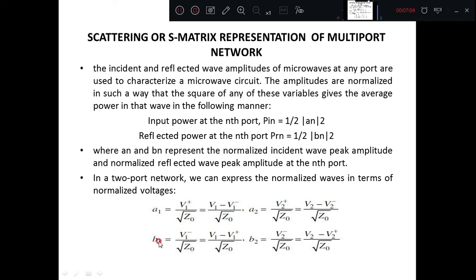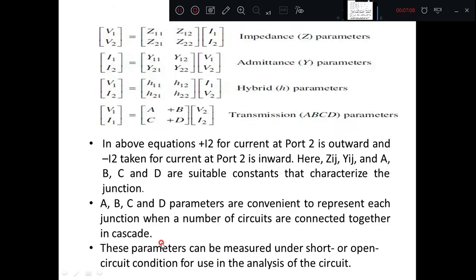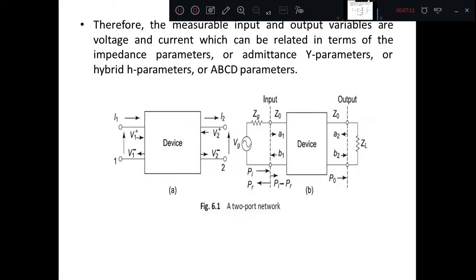Similarly B1. So this B1 is what? It is a reflected wave. So if I take V1 here, this V1 is nothing but V1 plus V1 minus. See here, first diagram. If I say V1 is equal to V1 plus V1 minus, and this V1 minus can be written as V1 minus V1 plus.